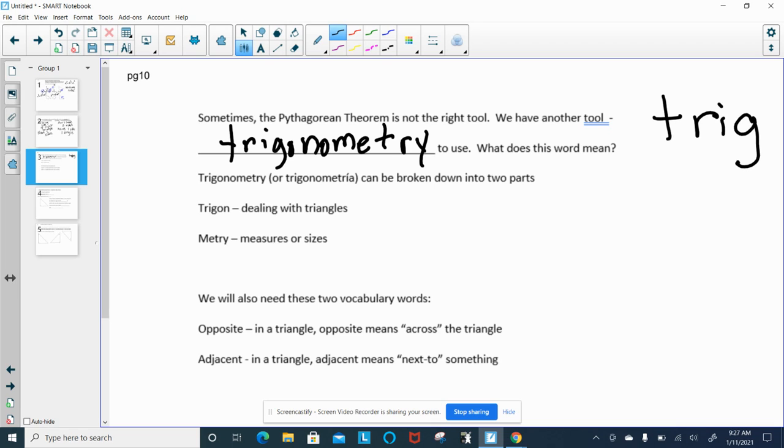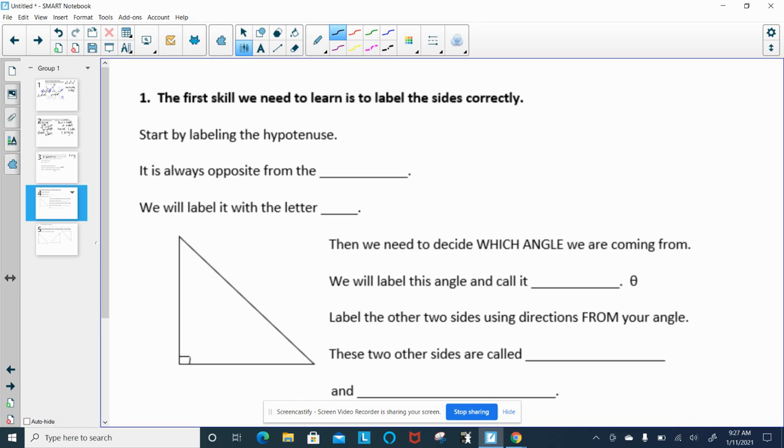We're also going to need these two vocabulary words. And we used these vocabulary words before. Well, this one we did. We used opposite. Here we're going to use a new one called adjacent, which means next to something. Down below, it says the first skill we need to learn is to learn to label the sides correctly.